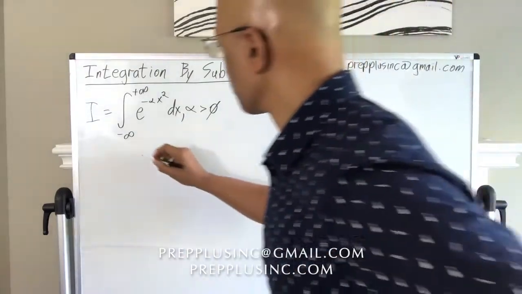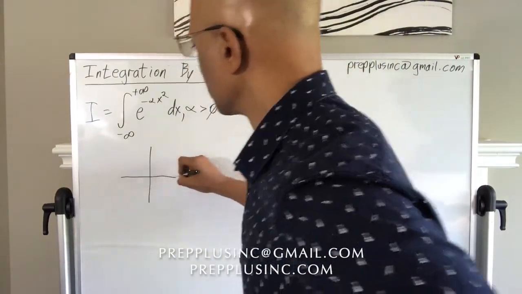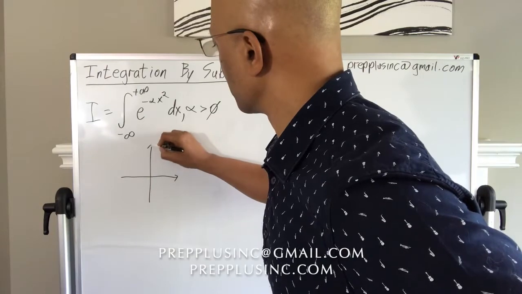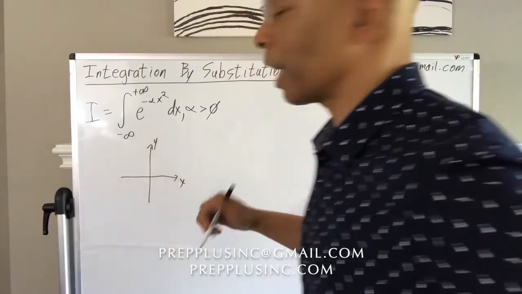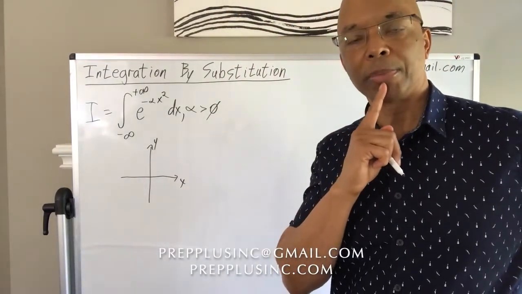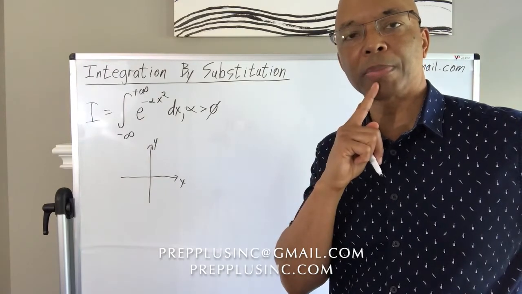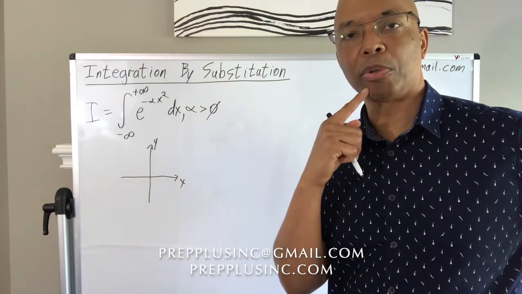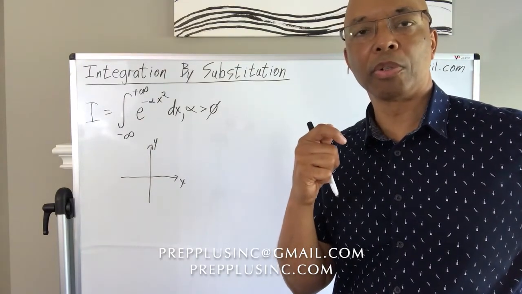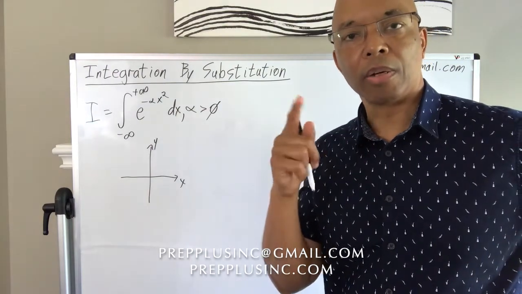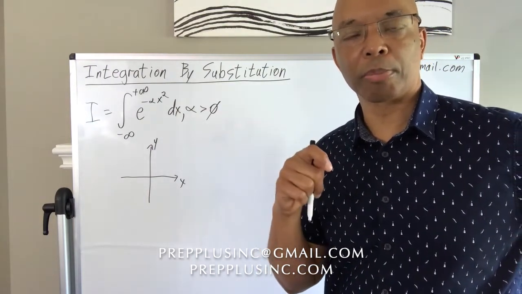So let's draw a little picture, x, y, x squared. What does that make me think of? That sort of makes me think of the radius of a circle, because radius squared equals x squared plus y squared.